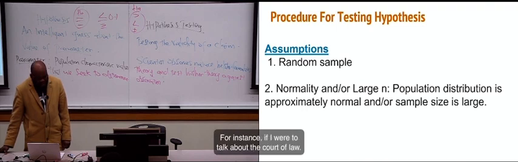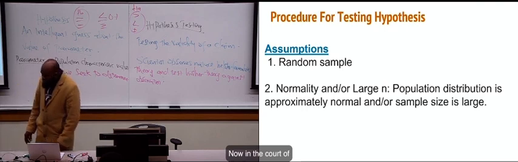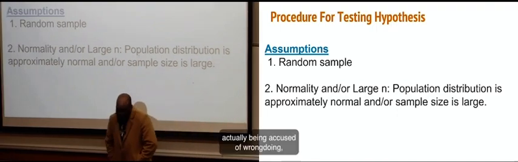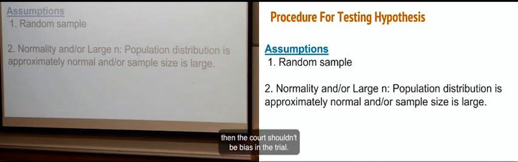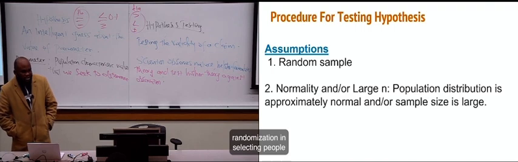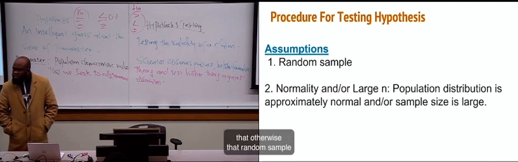For instance, in a court of law where somebody is accused of wrongdoing, the court shouldn't be biased in the trial. They have to use the principle of randomization in selecting the witnesses that will come to court. Does that make sense?